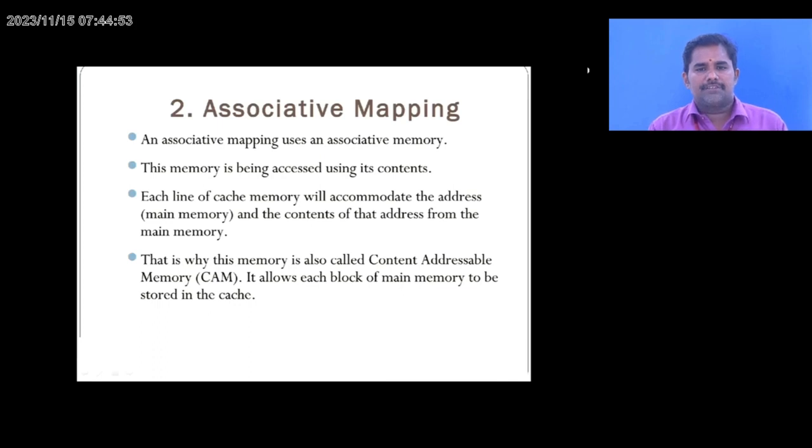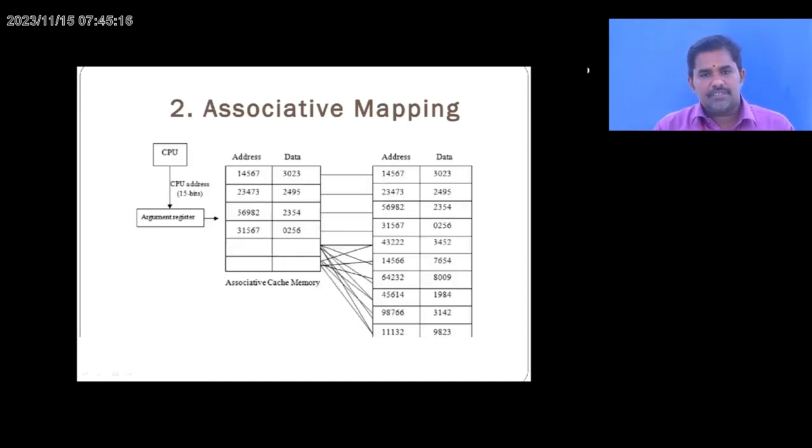The second method is associative mapping. Associative mapping uses associative memory, where the memory is accessed using its content. Each location of the cache memory will accommodate the address of main memory and the content of that address from main memory. That's why the memory is called content addressable memory, CAM. It allows each block of main memory to be stored in the cache.